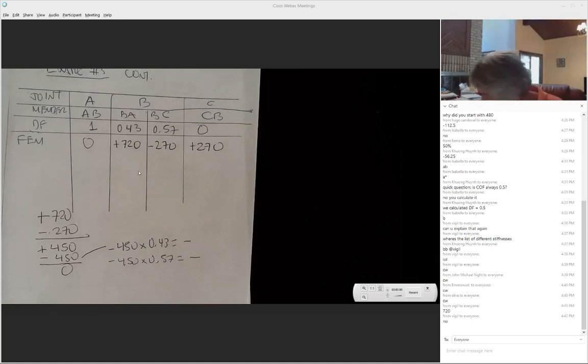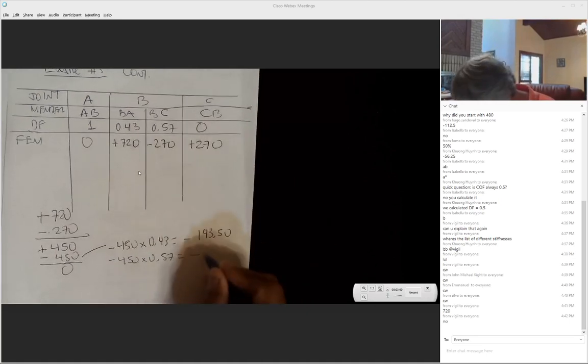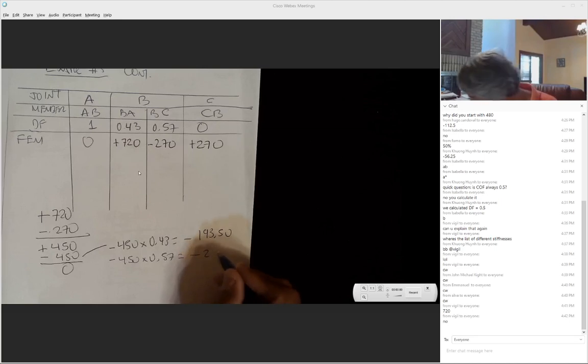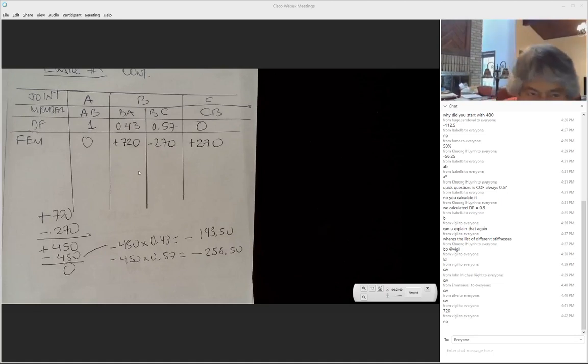So this is minus 193.50 and minus 256.50. So this is like two of you work, one does 43% of the work, you get $193.50. You do 0.57 of the work, you get $256.50.